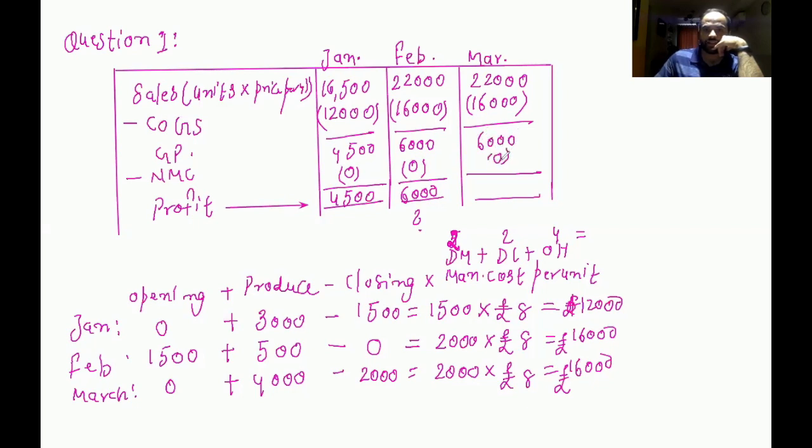Non-manufacturing cost is 0 and profit is 6,000, right? So that's your profit for 3 months. All right. So that is the profit following absorption costing.